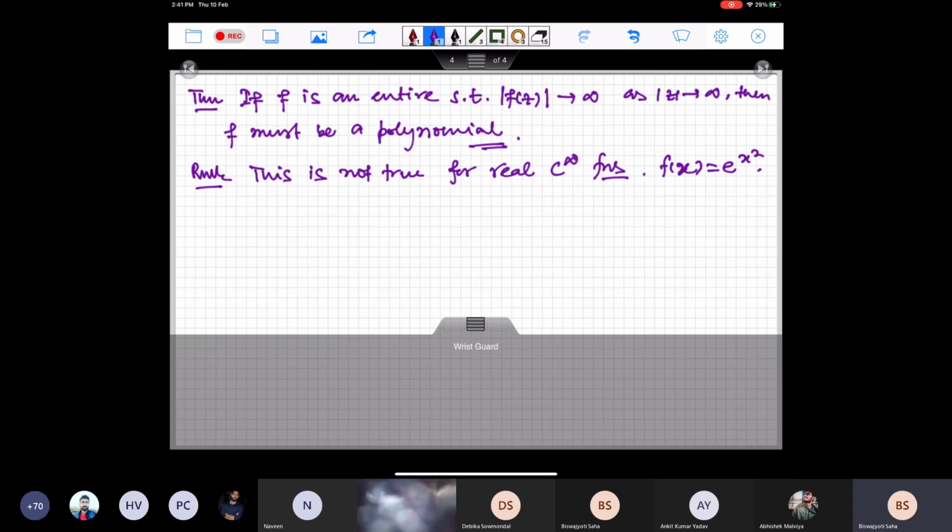Okay, so is this clear what I'm trying to say? Yeah, looking at only the real numbers does not give you the complete picture. So this function of course tends to plus infinity as x tends to plus or minus infinity on the real line.